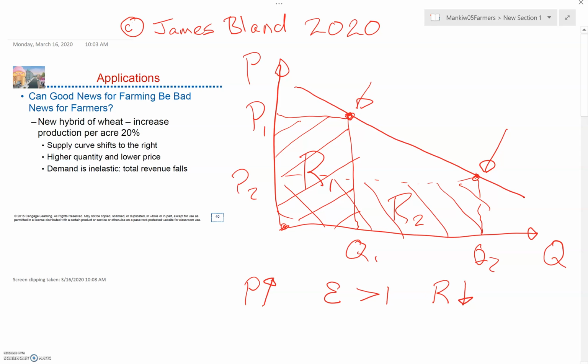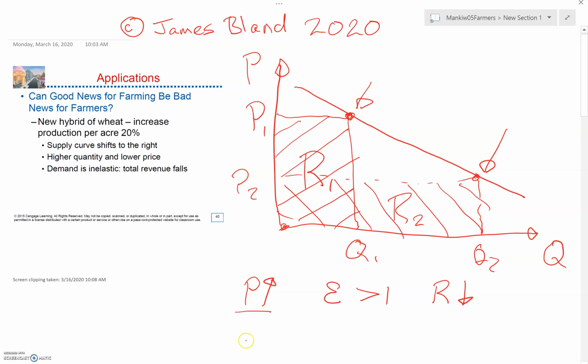In fact, revenue will go down, and that's because the adjustment in quantity, right, if price goes up, quantity demanded will go down, and so the revenue is going to go up because price goes up, but it's going to go down a little bit more because quantity demanded has gone down by more than price has gone up in percentage terms.